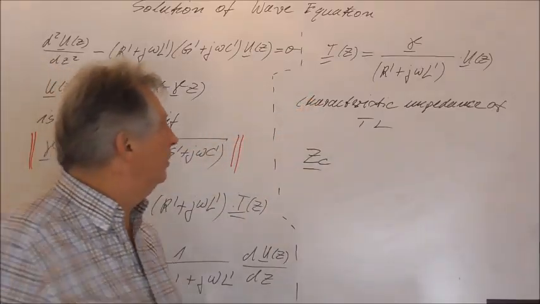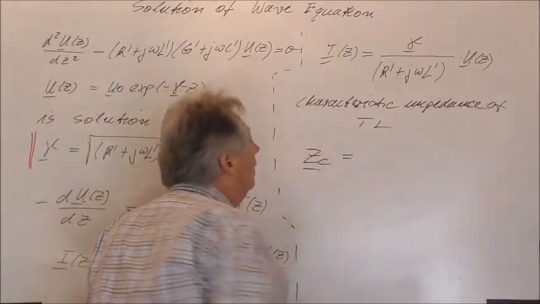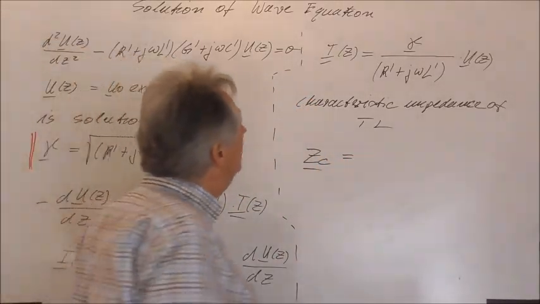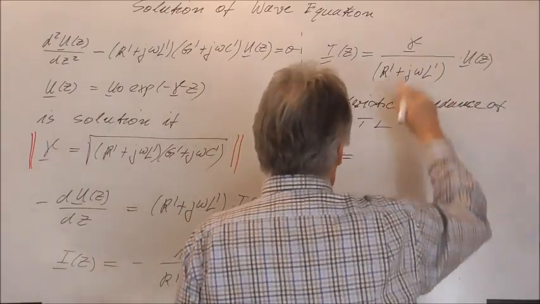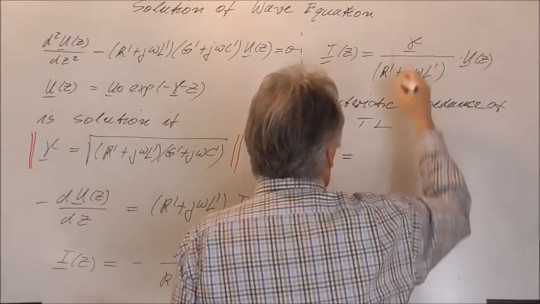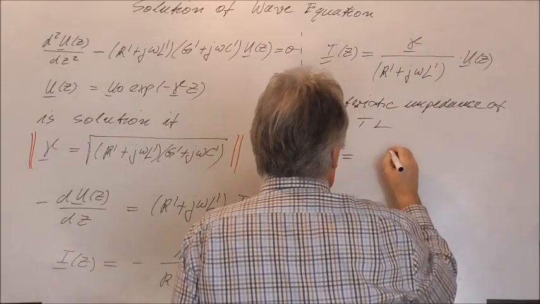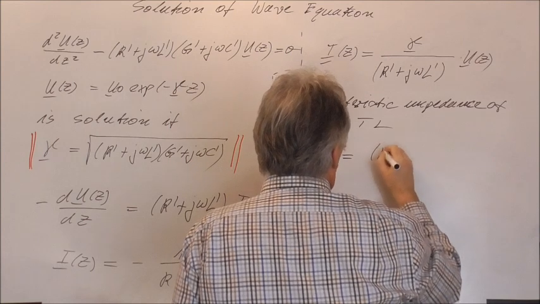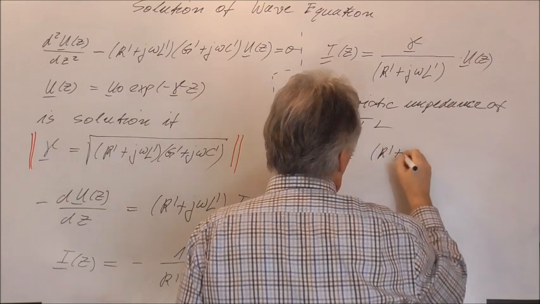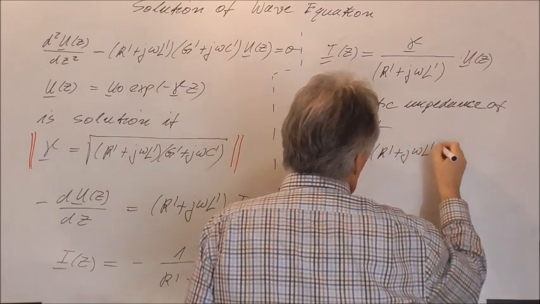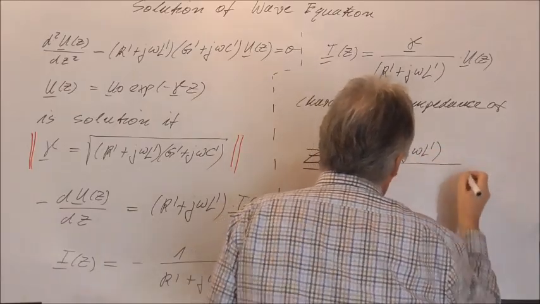At the moment it will be a complex valued constant. It is defined as (R' + jωL') divided by gamma.